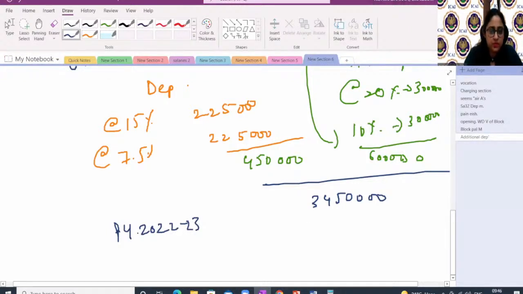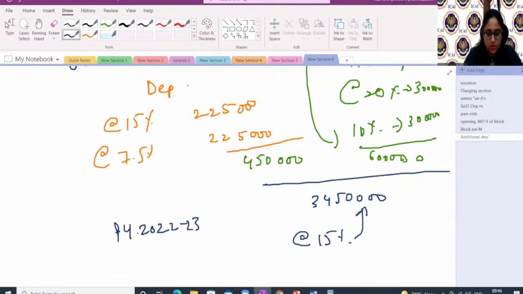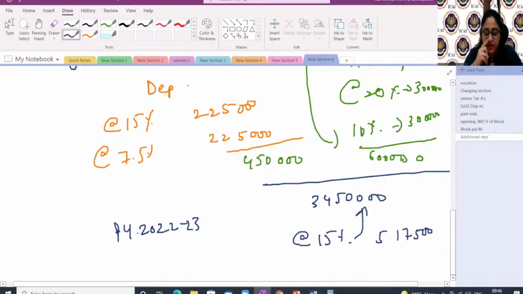On 34 lakh 50,000, you will give me the depreciation at the rate of 15%, which is 5 lakh 17,500. This is the WDV depreciation which is generally allowed.